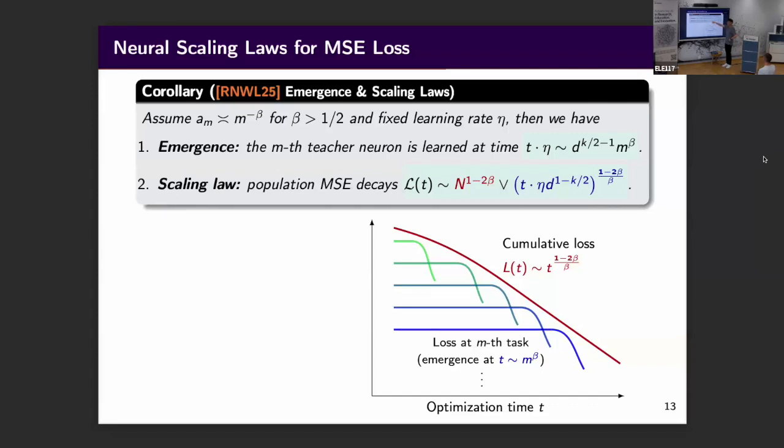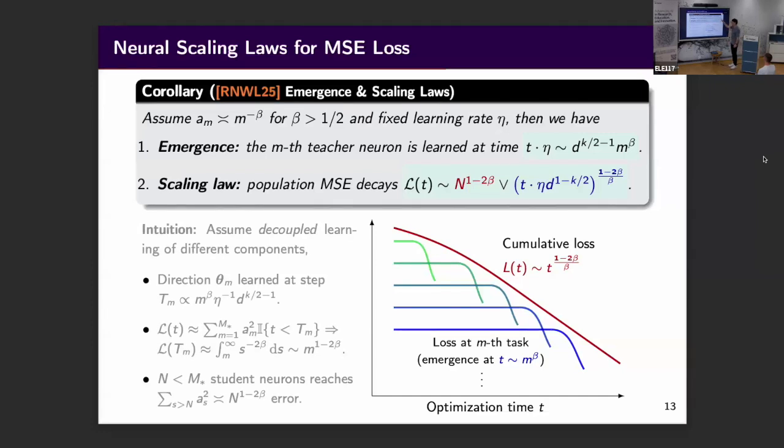So we have N to the 1 minus 2 beta. This is going to be the approximation barrier, the width bottleneck. And then there's something that decays with the number of steps you take. This is the optimization barrier, and there's an exponent that looks like this. This is pretty much the illustrated figure I showed earlier.